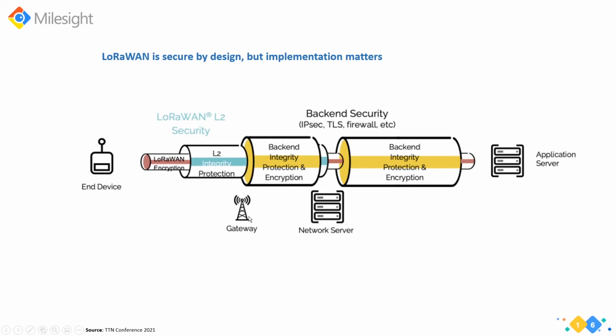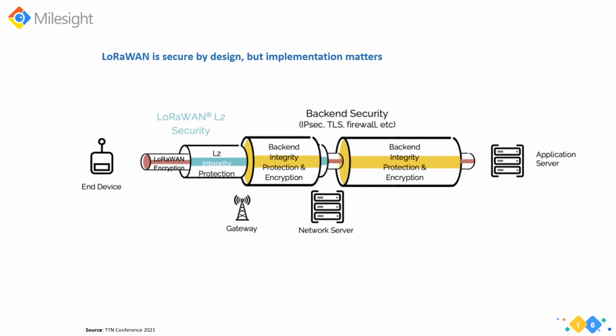And the gateway here is just designed for the internet connection, so you can get an IP address. If you want to have a secure connection from the gateway to the network server, some industrial standards are available here, such as TLS certificates, API keys, firewalls, or IPsec protocols. So you can build up a very secure channel to communicate with the network server.